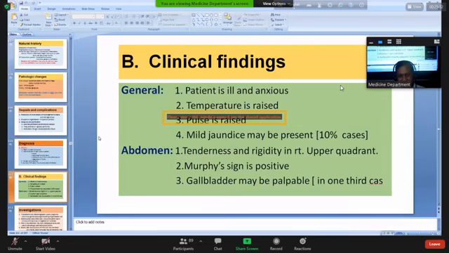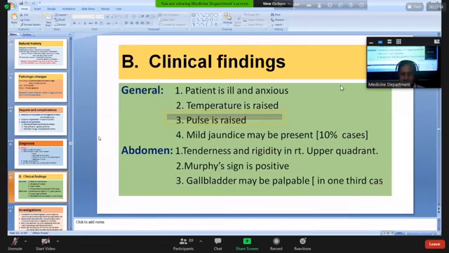Sometimes the pain is so severe, causing tenderness that is more than Murphy's, that it is not wise or necessary to demonstrate the Murphy sign.